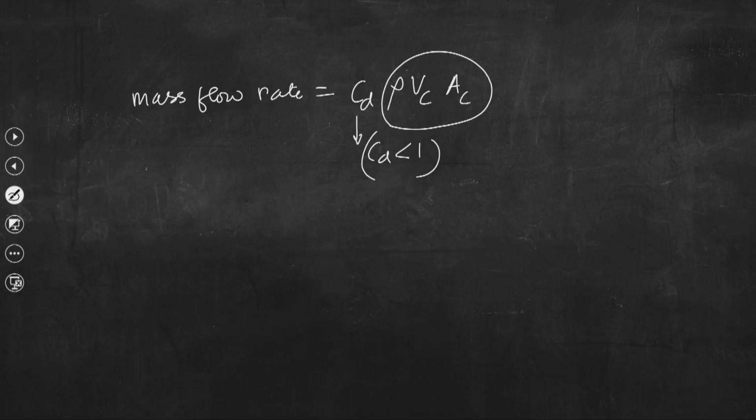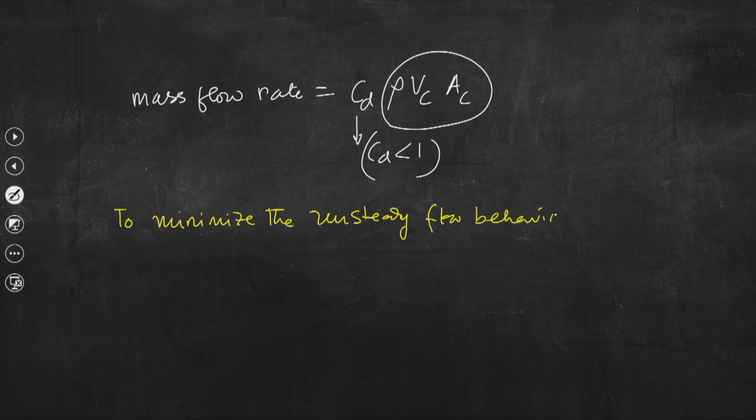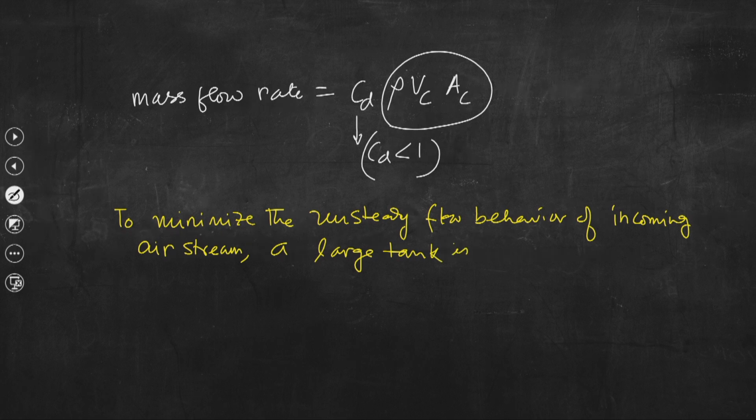So if I write here just for the sake of completeness: to minimize the unsteady flow behavior of the incoming airstream, a large tank is integrated to the device in the upstream side.